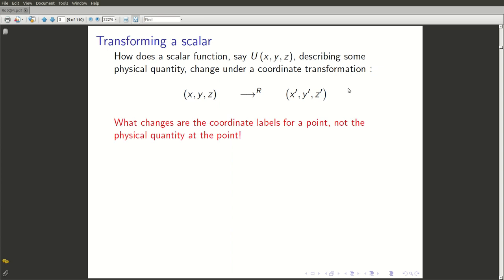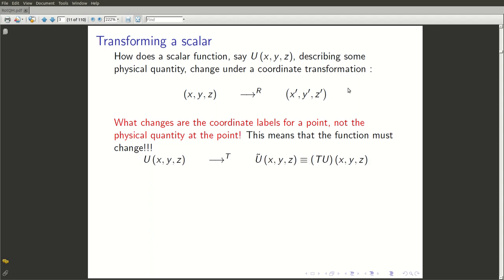Notice that what we are saying here is that what changes are the coordinate labels for a point, not the point itself, and certainly not the physical quantity which is associated with a particular point. Now this, in perhaps an indirect way, means that the function which describes the physical quantity must change when we are changing the coordinate labels.